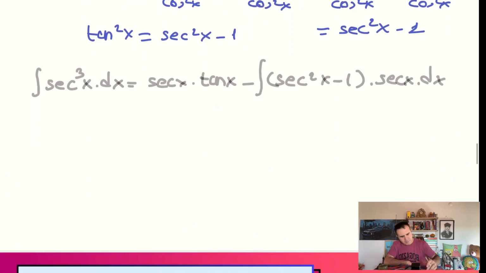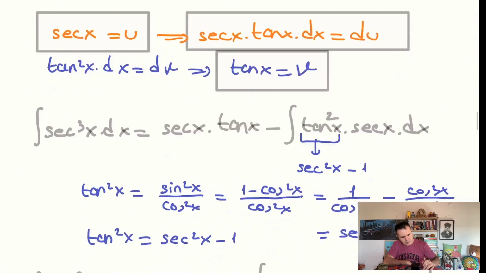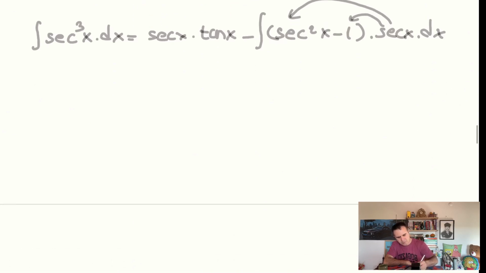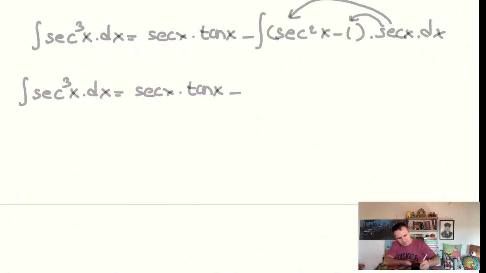Now let me add a page here. And now we will multiply sec(x) by them one by one. The integral secant x times secant square of x is equal to secant cube x, and secant x times minus 1 is equal to minus secant x dx.